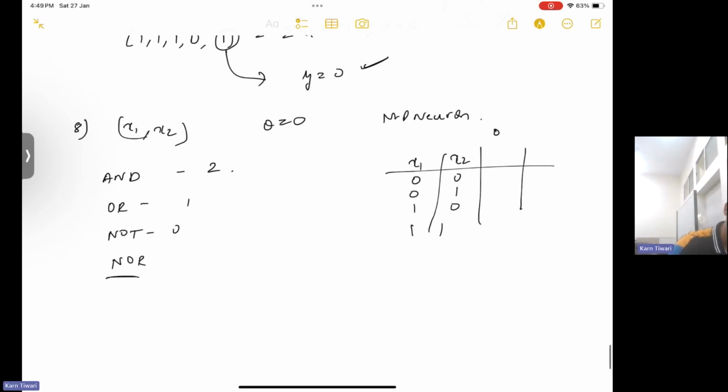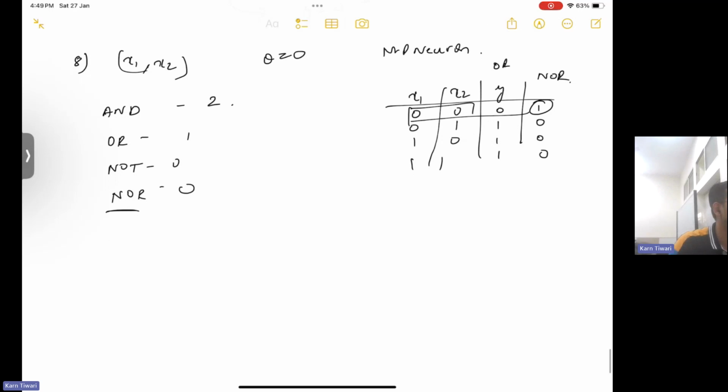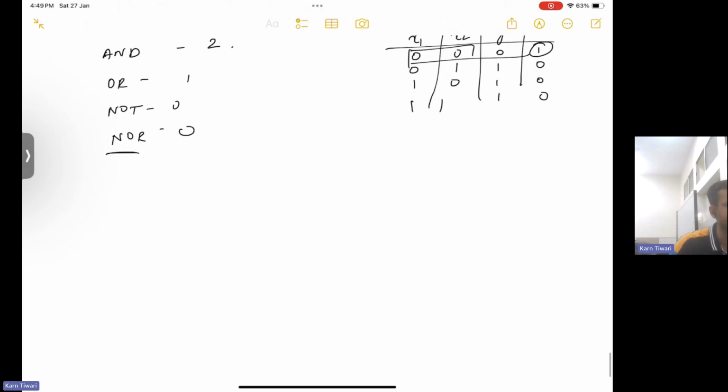NOR is 1 only when none of them is on, so the NOR output is 1, 0, 0, 0. In this scenario, its threshold is 0, so there are multiple answers for this. Both NOR and the other are correct answers. So there is some error in the question.